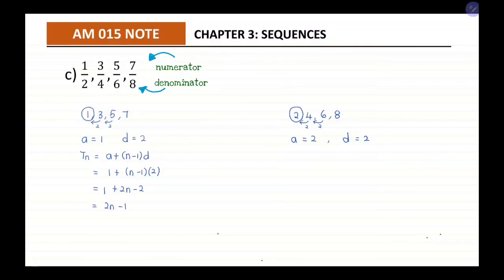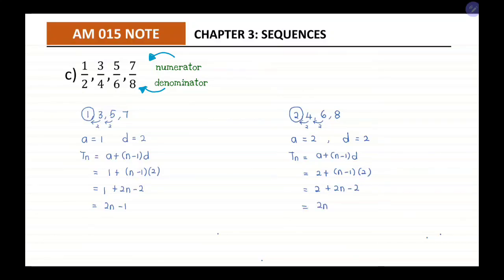So common difference is 2. Since this one is arithmetic, we use the formula a plus n minus 1 d. Then we substitute the value for a, 2, and d also 2. We expand. Then we solve, we get the answer 2n.